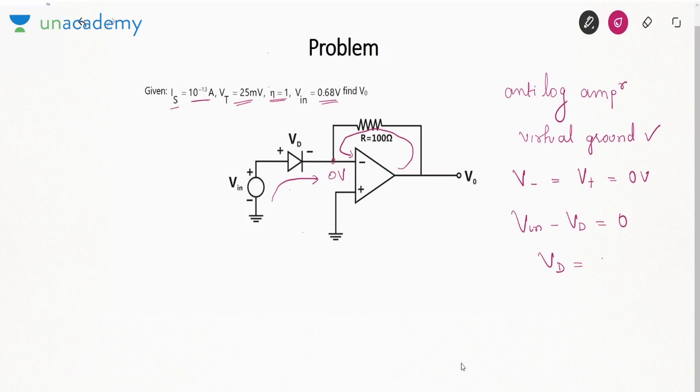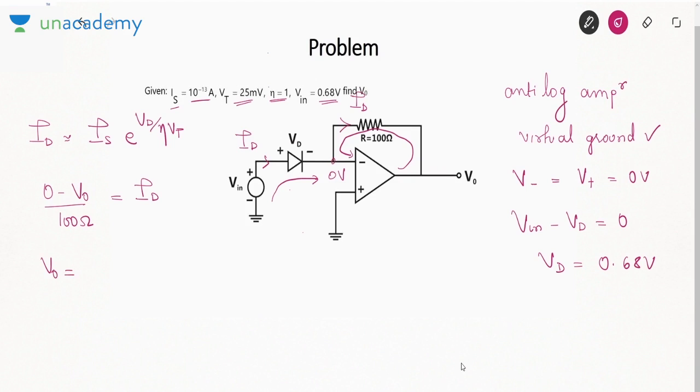So Vd equal to Vin, which is 0.68. What about the diode current? The diode current is approximately Is e to the power Vd by eta Vt. This diode current will go here. So I'll say 0 minus V0 by 100 ohm is Id.